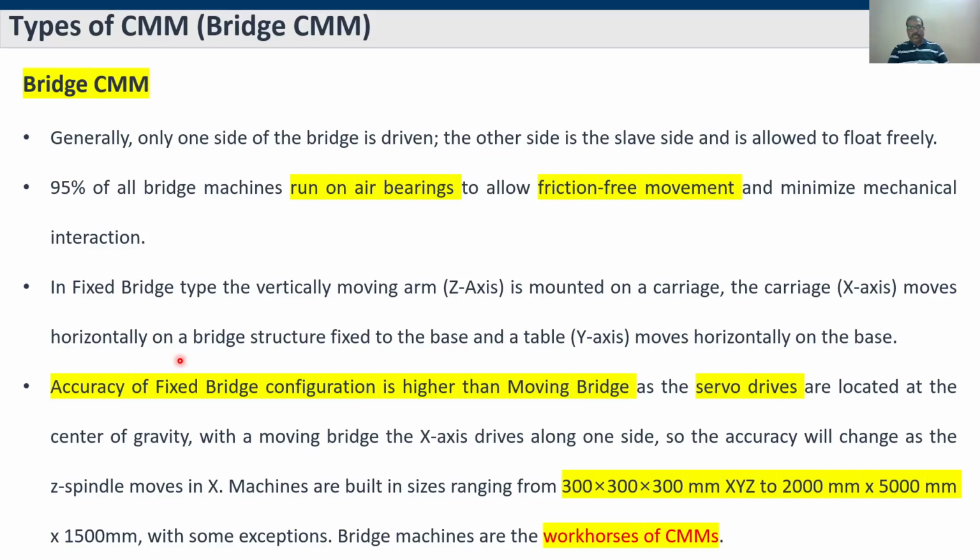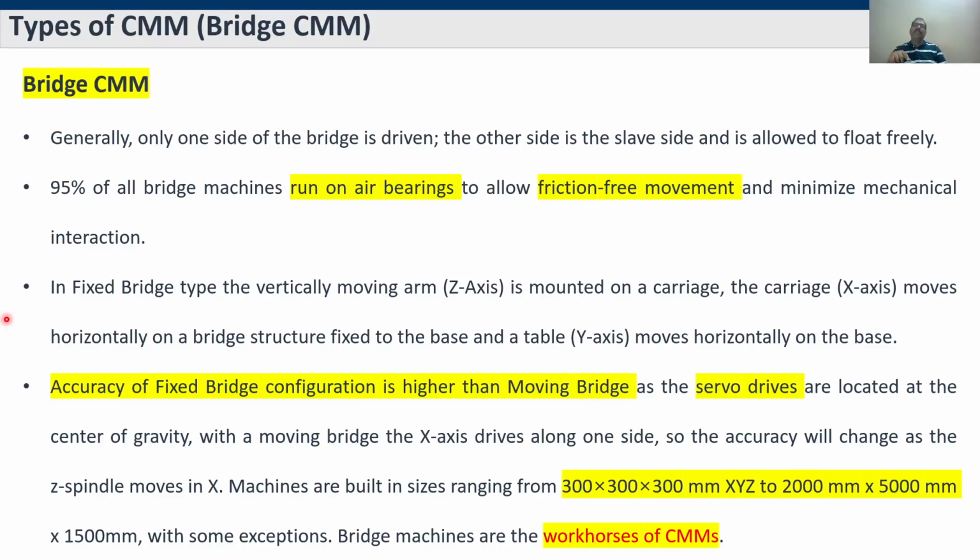So what about accuracy? The accuracy of the fixed bridge configuration is higher, because fixed bridge in the sense that the table will be moving instead of the bridge moving. The horizontal column with the y-axis and the vertical column with the z-axis probe will be fixed.